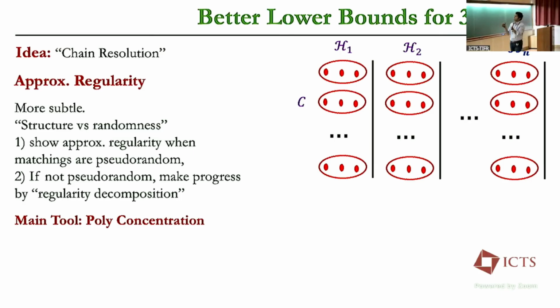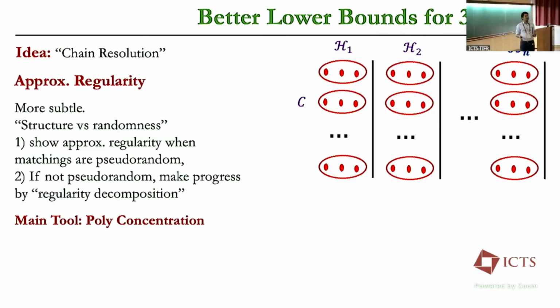The idea is that you formulate some appropriate well spreadness condition for these matchings and show that under that condition, the polynomial concentration fact tells you that its value will be typically around its expectation. There will be some outlier rows which are too large, but most vertices will behave as if they are near the average. And so this gives you approximate regularity for the well spread case.